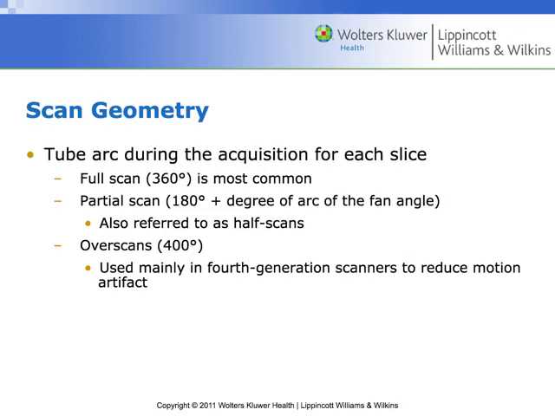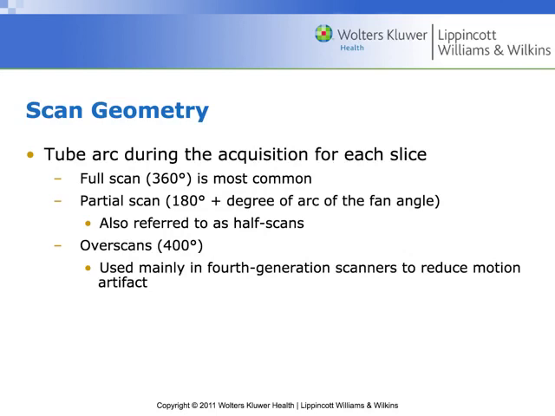When we talk about scan geometry, these things are having less of a bearing on image quality than they did in the past, because now we're starting to model scan geometry into reconstruction processes. Okay? But basically, when we talk about scan geometry, we're talking about how much the tube rotates per each movement of the table, right?